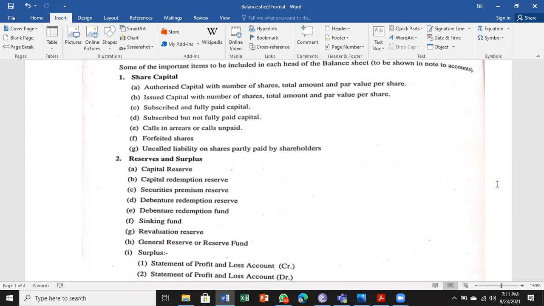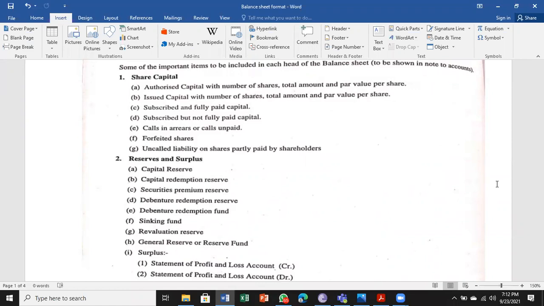They will estimate in general what will be the money required in the next 20 years, 30 years, 50 years. They will decide this should be the authorized capital. It is also called registered capital. How many shares, what is the amount, and what is the face value of the share? Each share will have a different value, 1 rupee, 10 rupees, 50 rupees, 100 rupees.